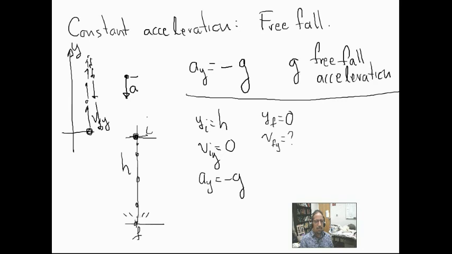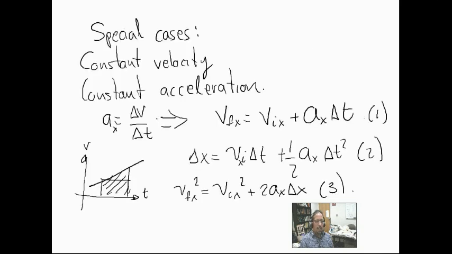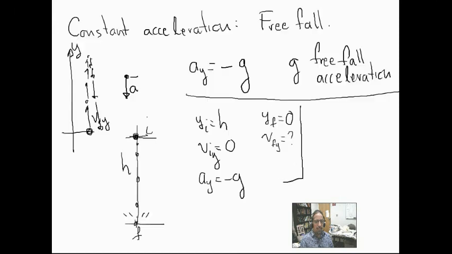So let's solve this problem. How do we solve it? We take a look at the three equations we have, and we notice that equation number 2 will be able to solve our problem, because we know the acceleration, we know the displacement, and we can then solve for delta t. So let's use that equation.